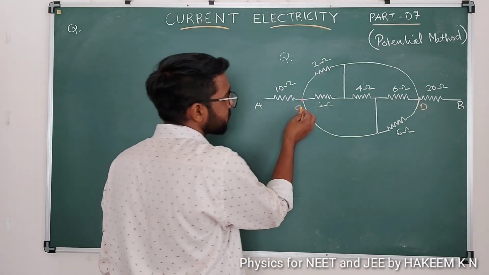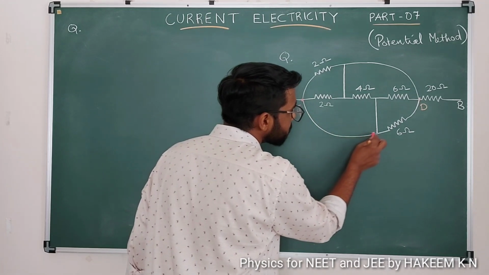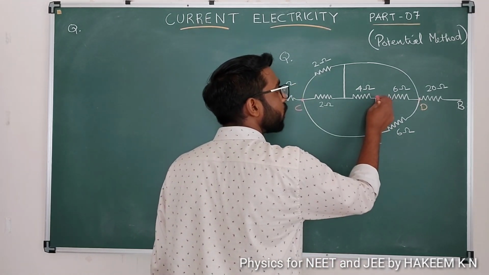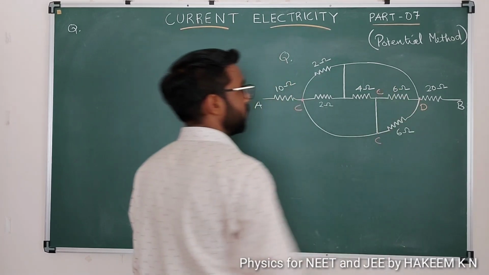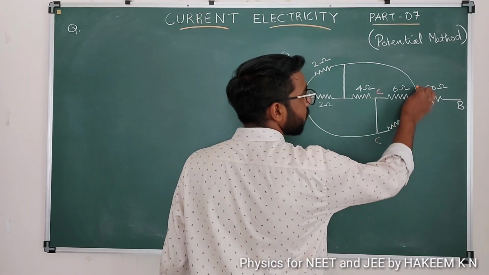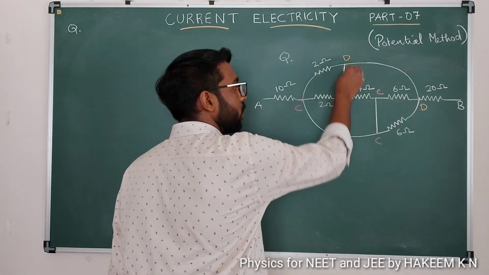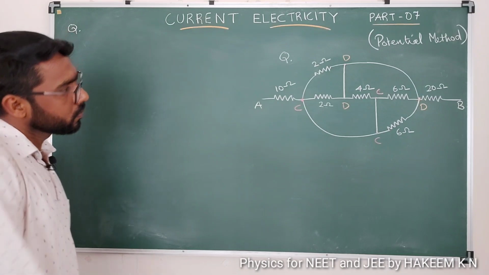And here you can say no resistance here, so this point is C. And here also you have no resistance, so this point is also C. Like that you can say here there is no resistance, so this point is B. And here there is no resistance, this point is D.